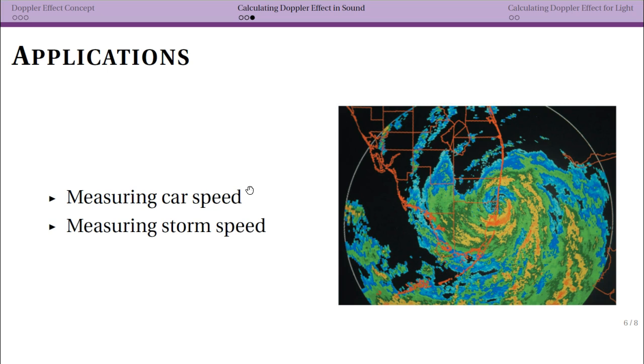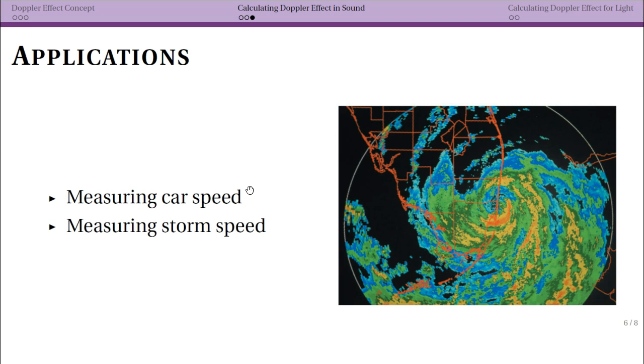The idea is that it's sending out a wave that then bounces off a traveling object. When it bounces off the traveling object, it's like the object itself is becoming the source, and so you then have a moving source. So based on the frequency that you detect after it bounces off, you can then figure out the speed of your source. So that would be one thing with car speed.